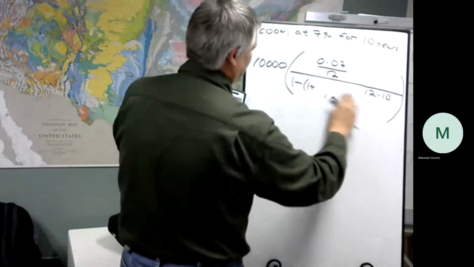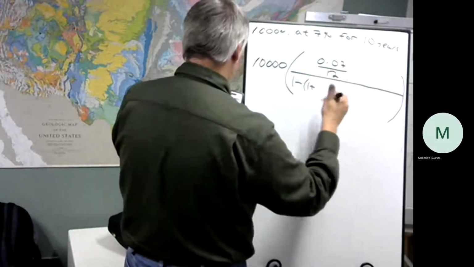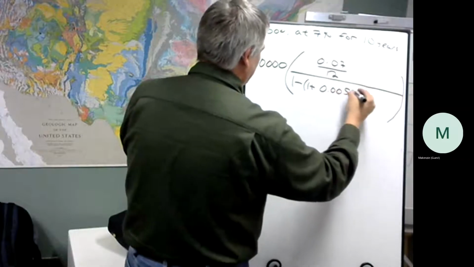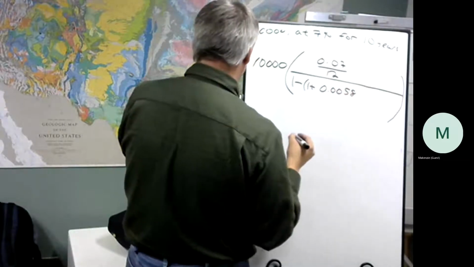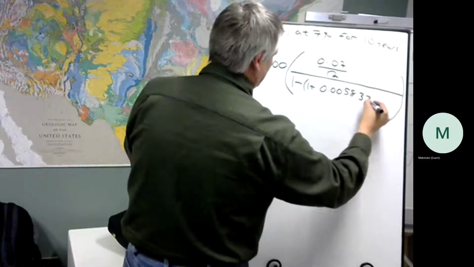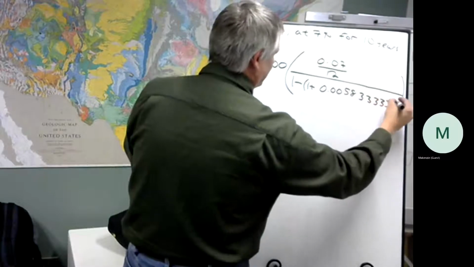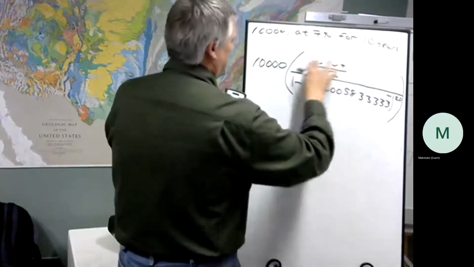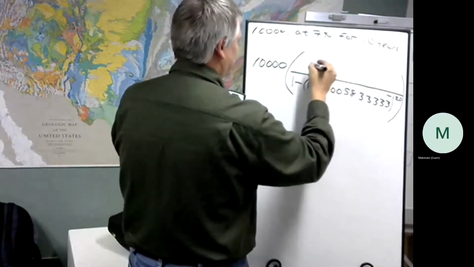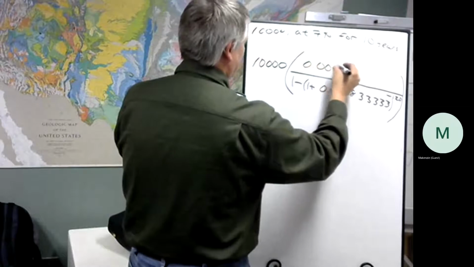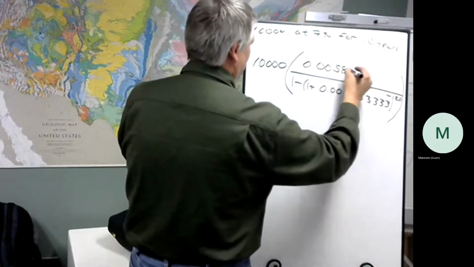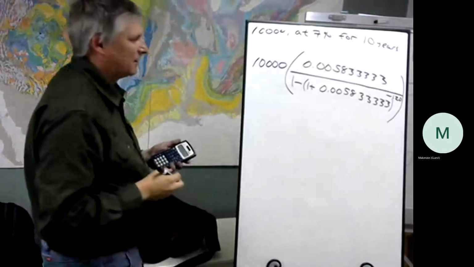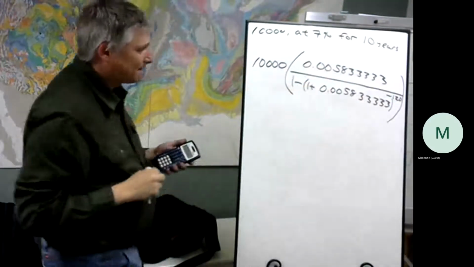What I'm going to get is 0.0058, 1, 2, 3, 4, 5 of those, to the minus 120. And that's going to go up here. All right, no, I definitely missed a 0 up here.